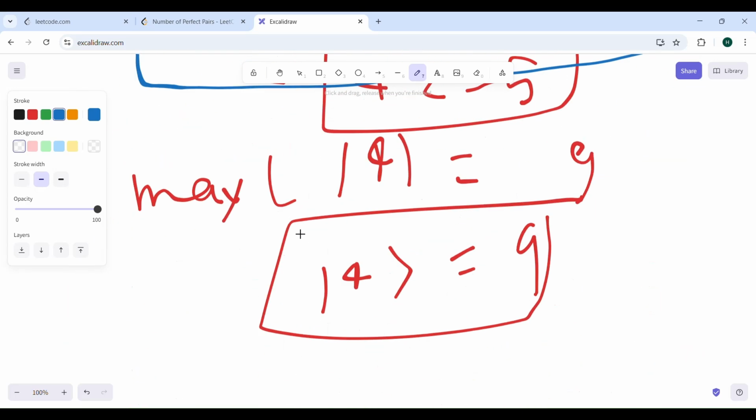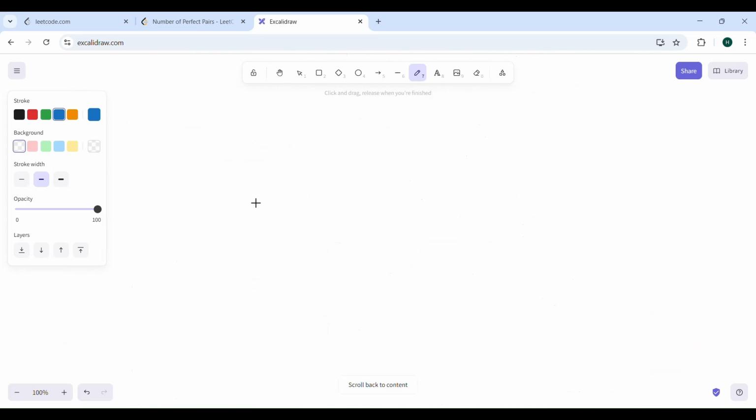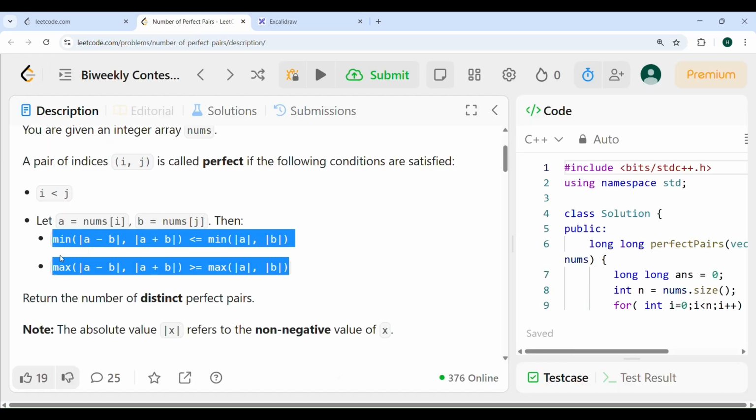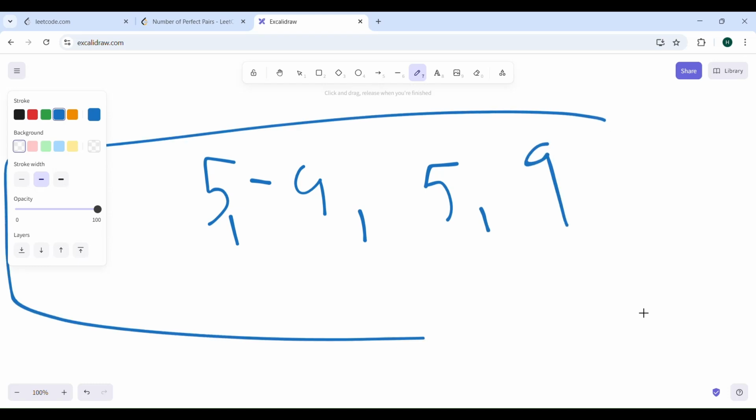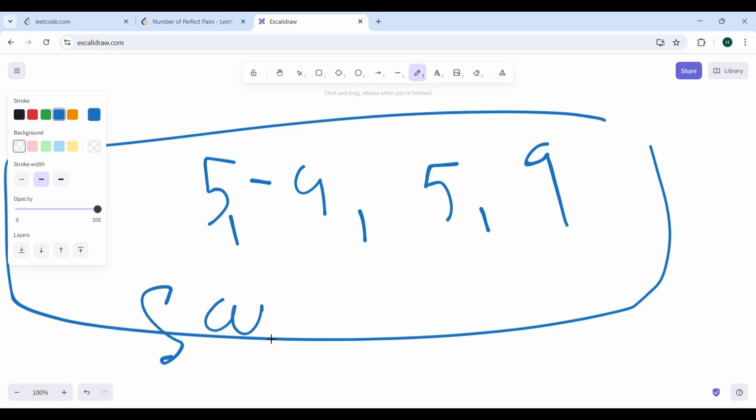So what we can understand from this is, if you take abs of a minus b, or abs of a plus b, that won't vary. It means if a number is 5 comma minus 9, or the number is 9, or the number is 5 comma only 9, these values will ultimately give you the same result. So that was the first point which I wanted to make to you.